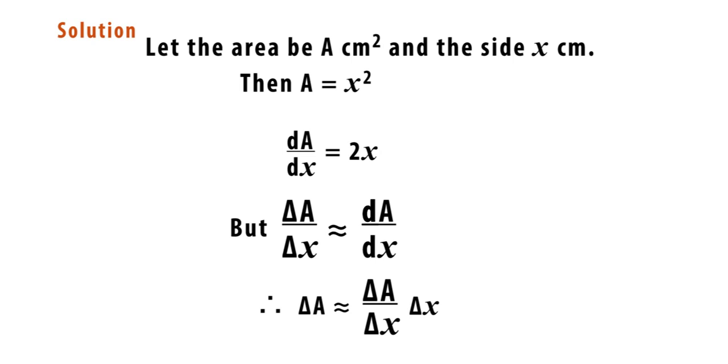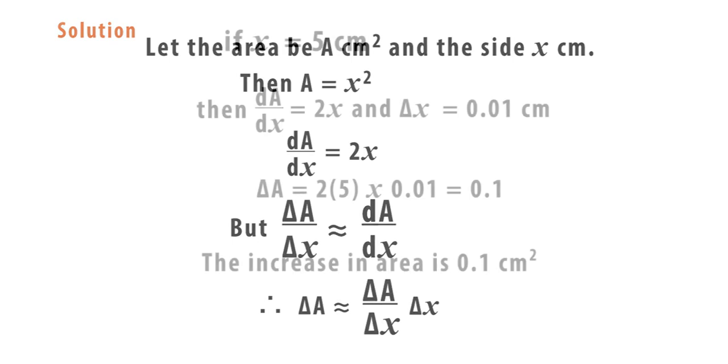dA/dx is equal to 2x. But delta A over delta x is approximately equal to dA/dx. Therefore, delta A is approximately equal to dA/dx multiplied by delta x.